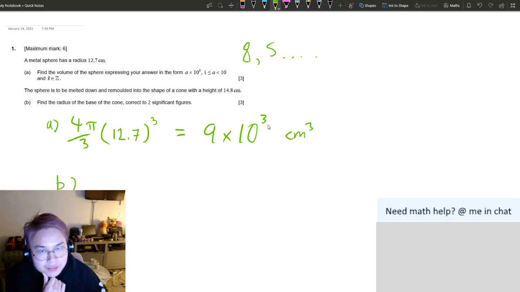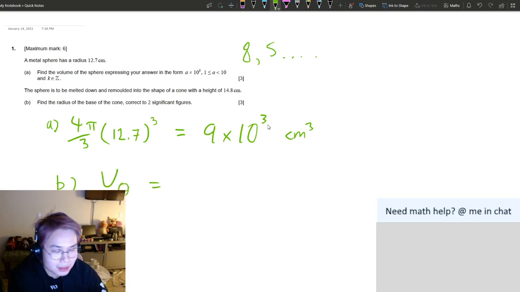Okay, and then the sphere is melted down, and then we're going to change the shape into a cone with this height. Find the radius of the base of the cone, correct to two significant figures. Okay, so obviously the volume of the sphere, because we just remodel it, this just becomes the volume of the cone.